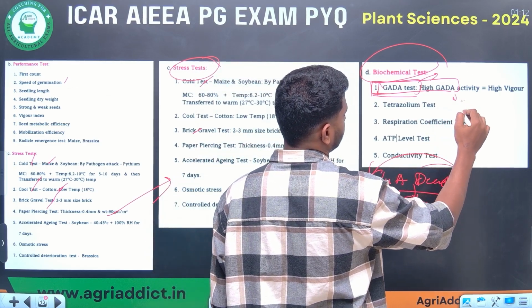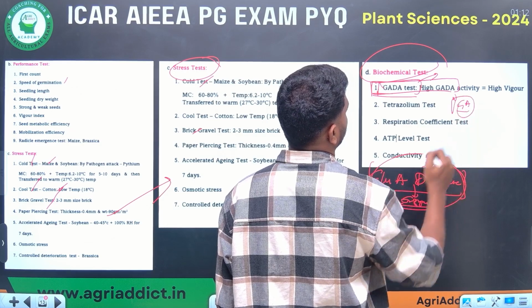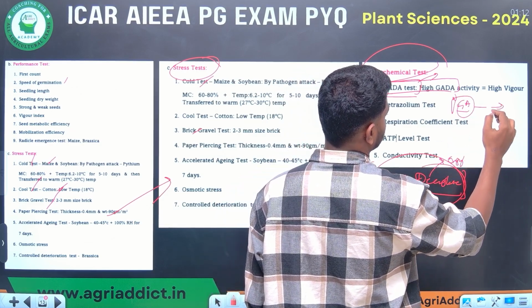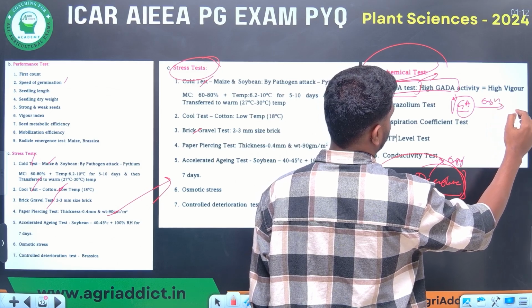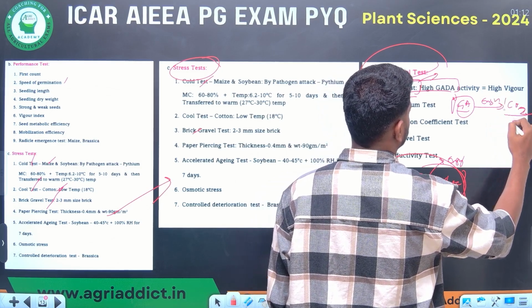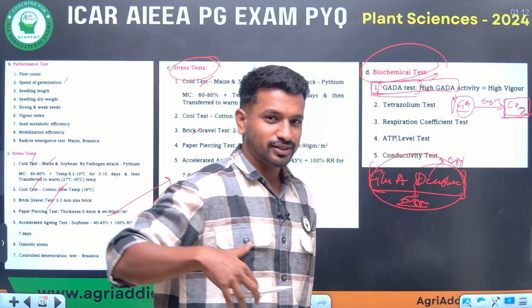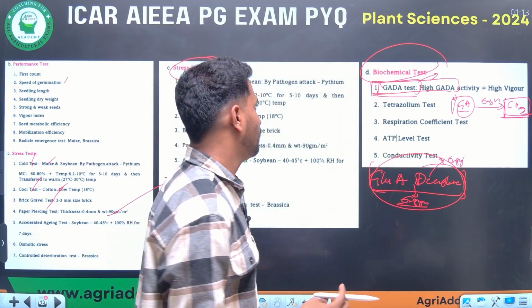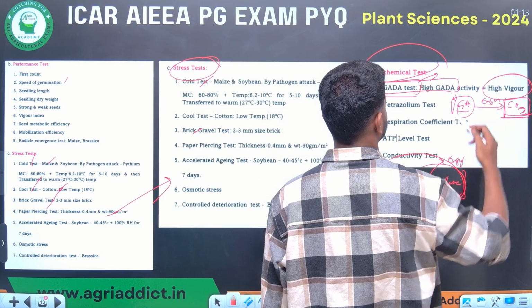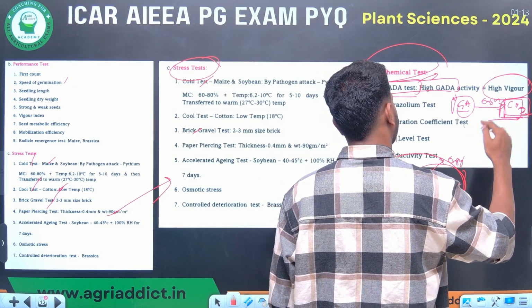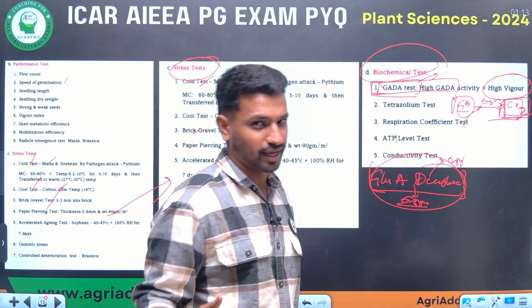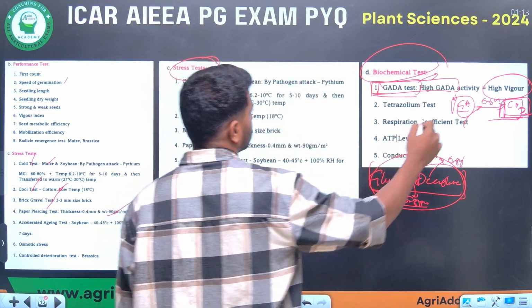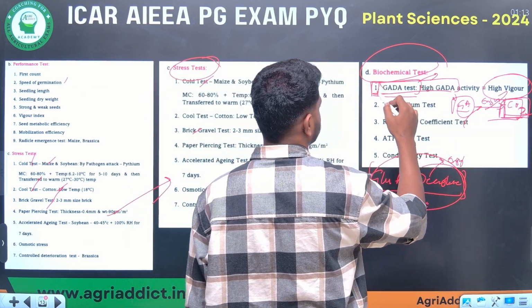In this test glutamic acid is treated, and this enzyme converts the glutamic acid and releases CO2. So if the CO2 emission is high, what does it mean? It means it is highly vigorous, because CO2 emission will be high only if the enzyme concentration or enzyme activity is high. So this is under the GADA test.